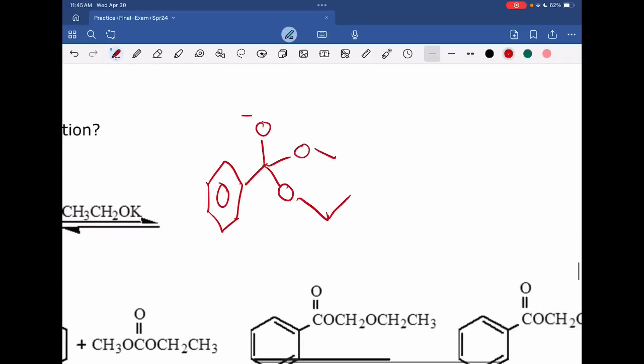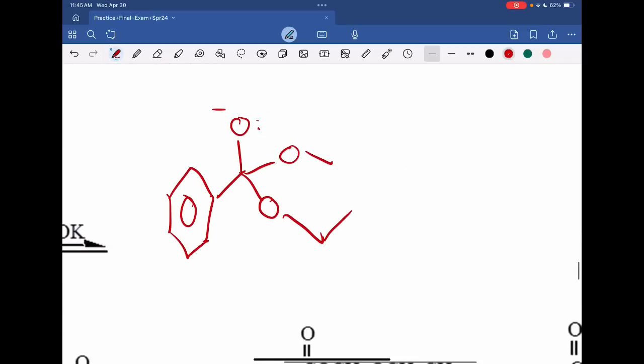Now, what can happen here? You reform the double bond, but you have to kick something out. Are we kicking the benzene out? No, that's not a good leaving group. Because breaking this bond would be about 50 pK units of energy, which we know is not really favorable in this case.